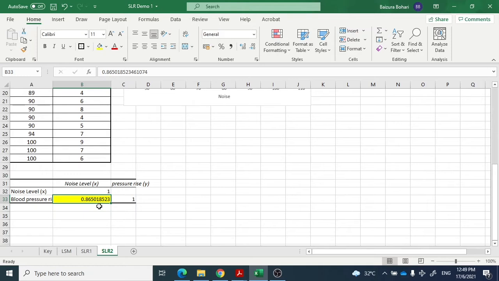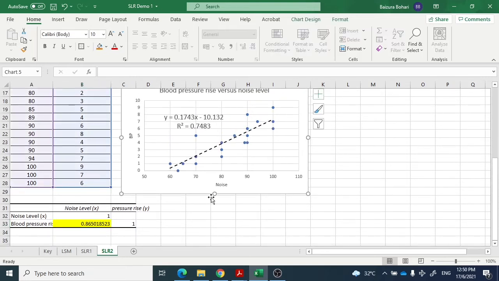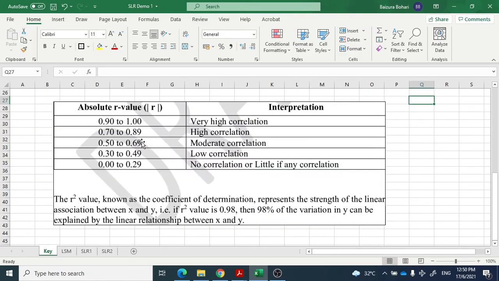So now if we take a look at the R value, we have a positive relationship and it's around 0.86. So our relationship here is positive, and based on the table for R here, we have a table for absolute R with the interpretation.